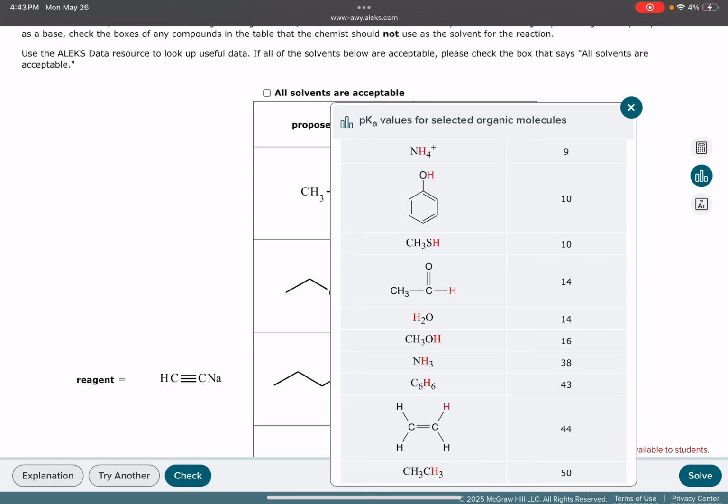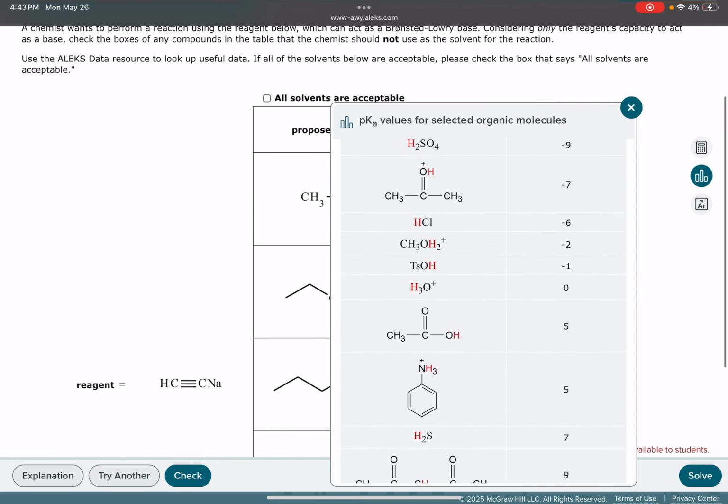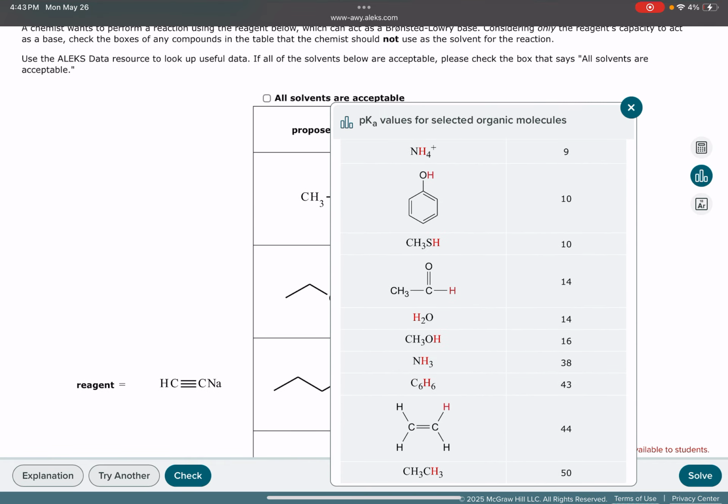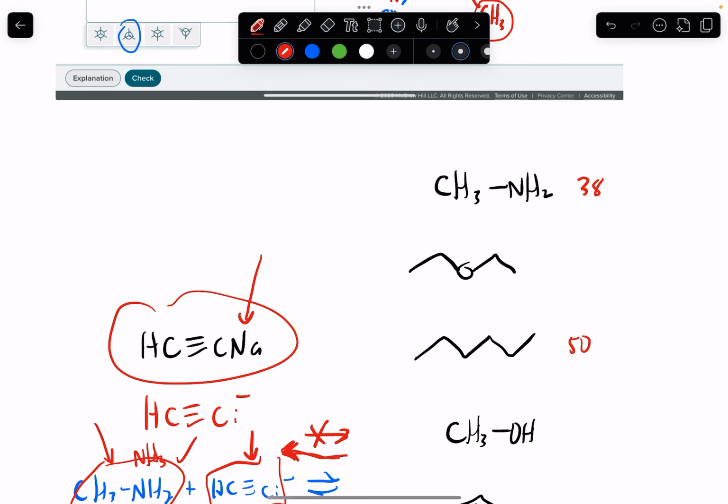So it's 50. Is benzene on here? Benzene's not even on here, but it's going to be a bad acid. Oh, there's benzene, C6H6. That's 43. And you can see that the pKa of acetylene, the conjugate acid of this guy, is 25, right?